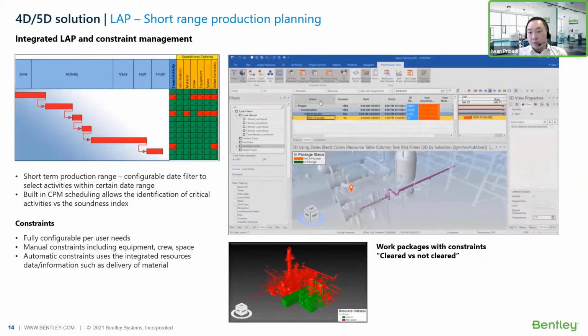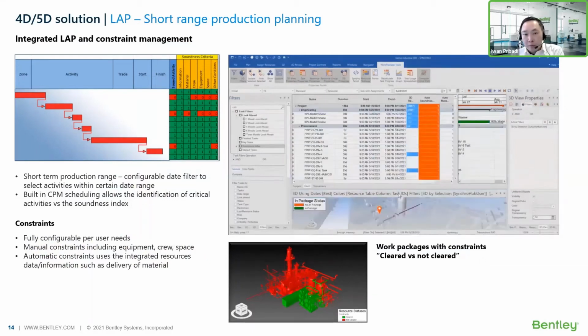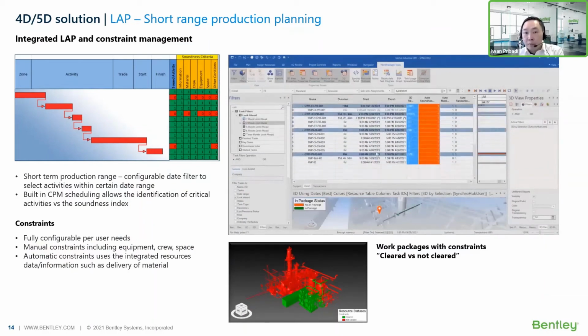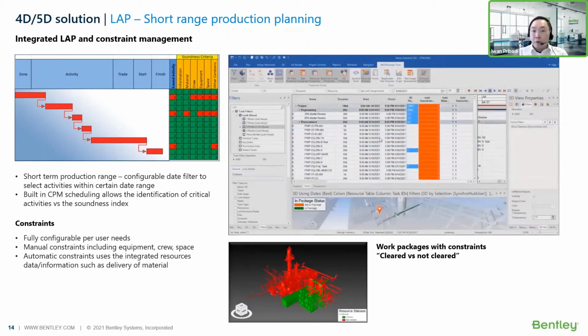So now, not only do you know what you would construct, but you know for sure that what you are planning will work in the field. That will improve your field productivity substantially.